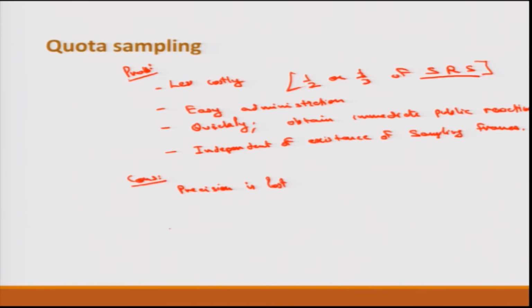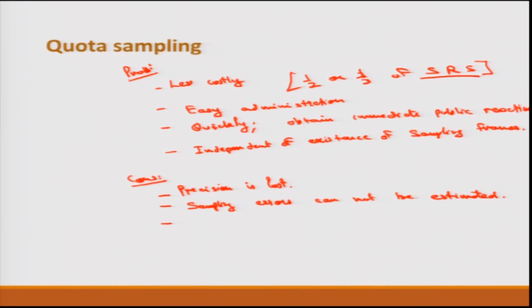A few limitations here: the precision is lost, and it is not possible to estimate sampling errors. Because of the absence of randomness, the sampling errors cannot be calculated here. The interviewer may fail to secure a representative sample of respondents in quota sampling, because this is just a kind of qualitative and convenience sampling.